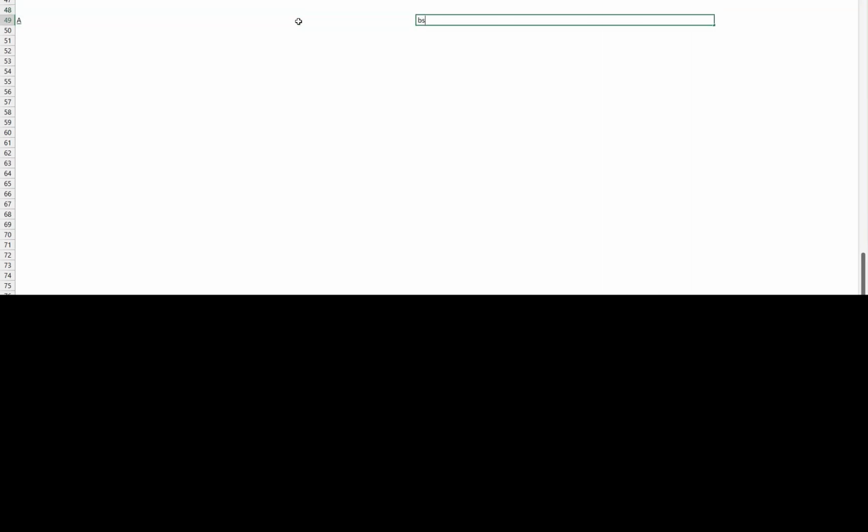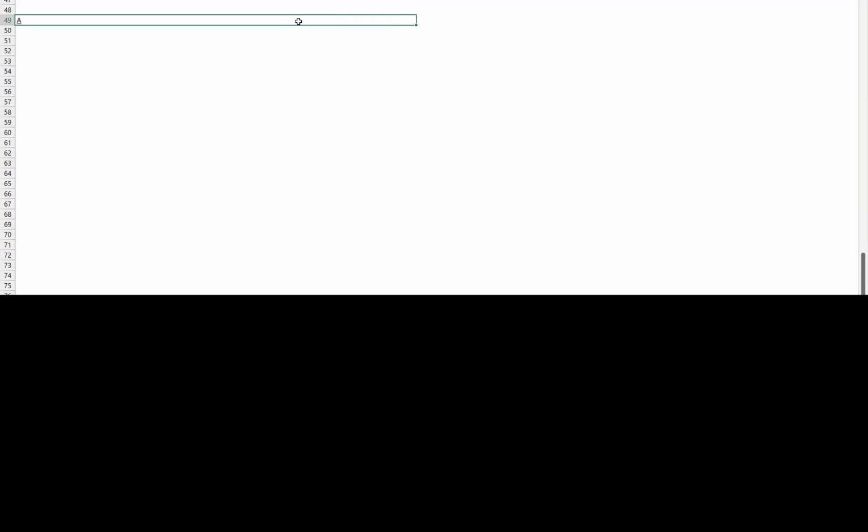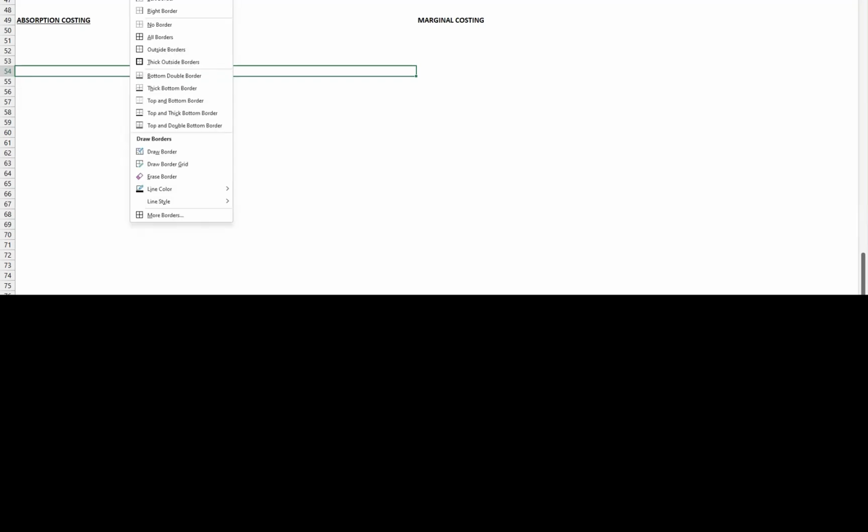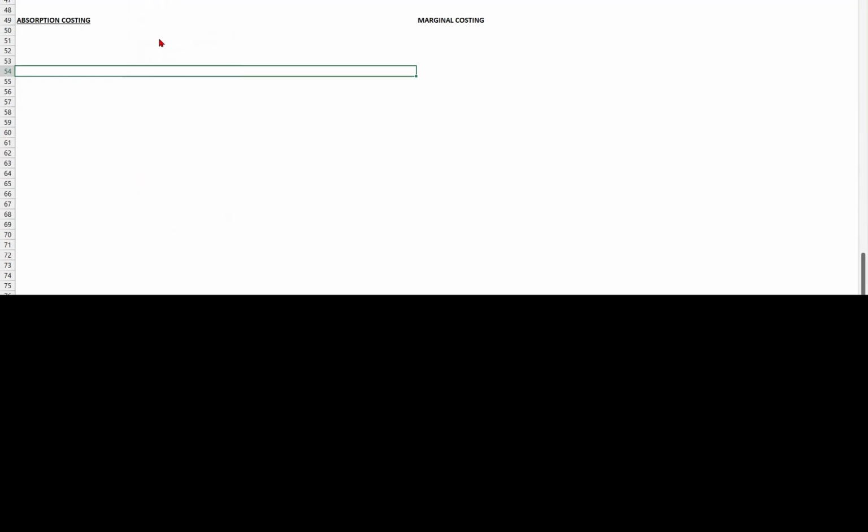Okay. So this one is our absorption costing. This one is marginal. Table.